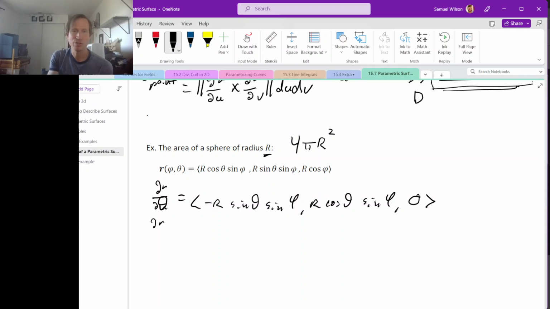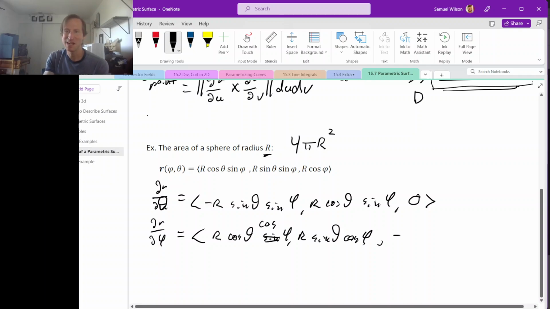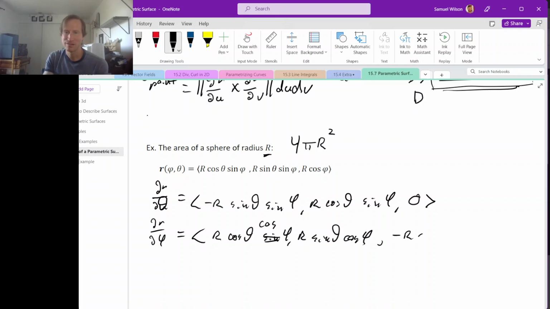And then partial r partial phi is going to be r cosine theta cosine phi, comma, r sine theta cosine phi. I need a cosine here, not a sine. I failed to take a derivative. Okay, comma, minus r sine phi.